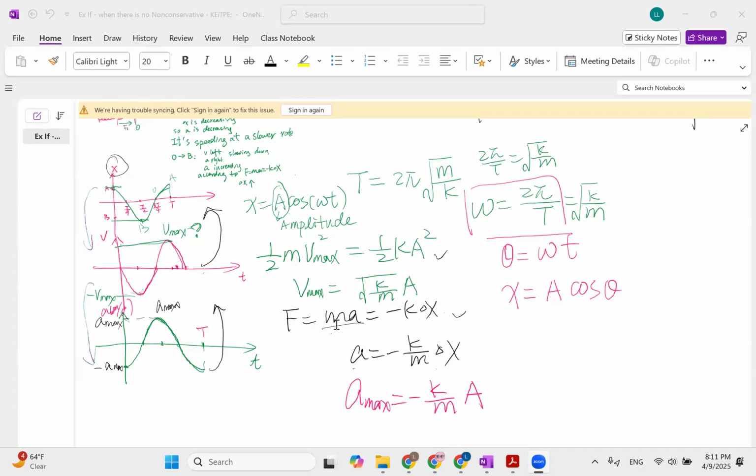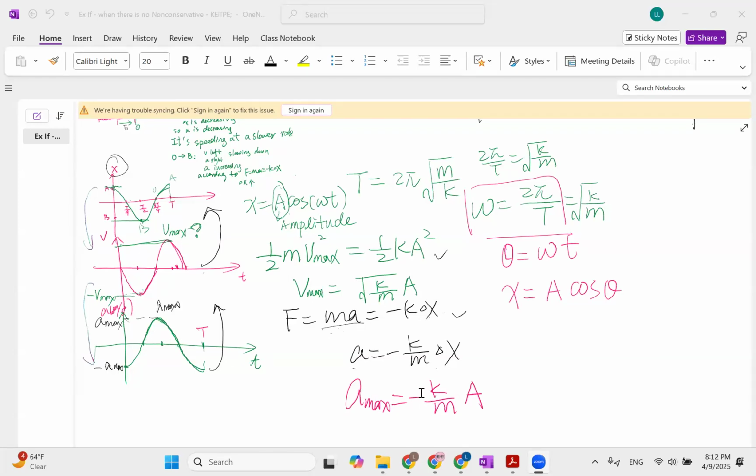Now, if you know the maximum displacement, how do you find the maximum speed? You use energy conservation. Maximum kinetic energy will be converted into maximum potential energy. Does it make sense? And then you can find a max, right? You use net force equals ma.